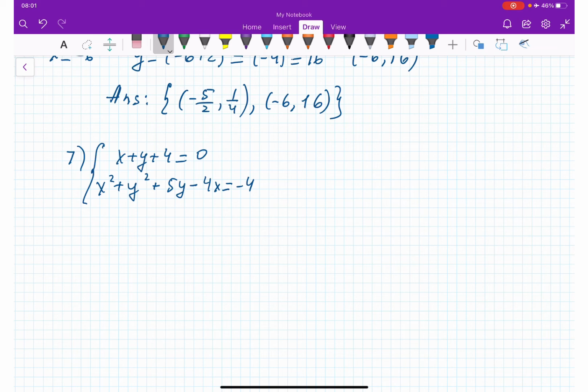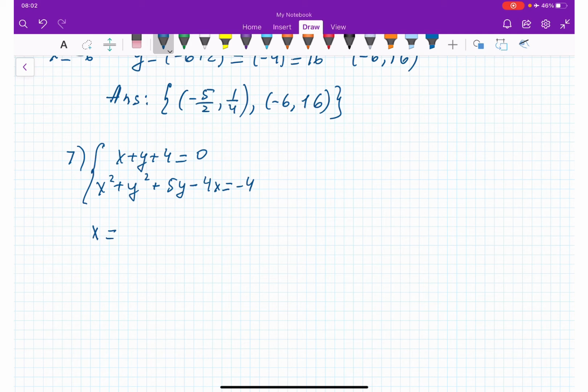It's going to be a little bit of a long solution from what I see. Let's take which one, x or y? At this point, I say it's absolutely the same. You take x or y. Okay, let's find x from the first one.